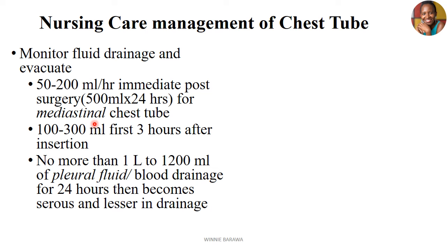But if you have 200 mils per hour, you multiply that by 24 hours, then you can have 4.8 liters of fluid being drained in a day. So basically what we are saying is depending on the amount, you can have different amounts of fluids. At least 1 to 1.2 liters of fluid in a day, or you can have all the way to 5 liters in a day, depending on the fluid flow that is coming out. But this amount will keep on becoming less and less as the client is progressing.